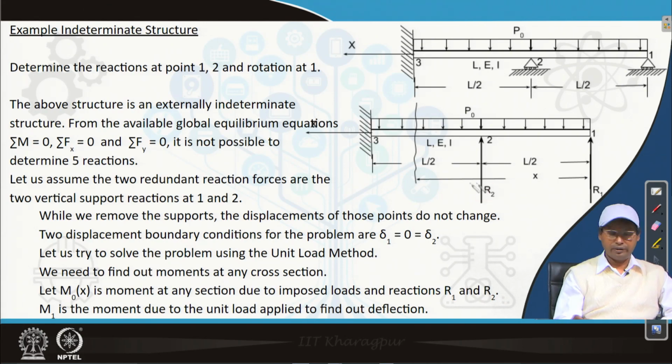So, this is what M0 is, calculated while we consider that R1 and R2 are present. Instead of considering those as supports, we say that those are loads, support reaction loads applied, and we are supposed to find M0(x), and M1 is the moment due to the unit load applied to find the deflection.